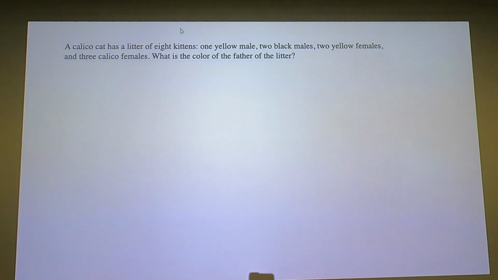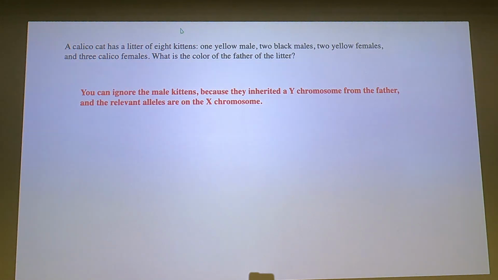Okay. So what color is the father of the litter? And how do you figure that out? I'll give you some hints. So here's the first hint.